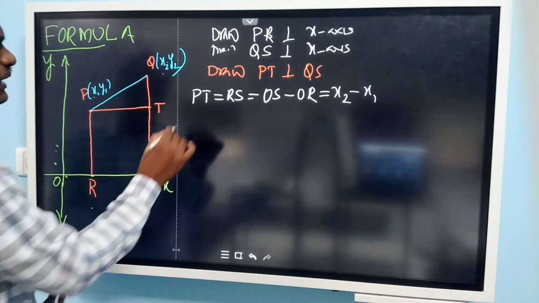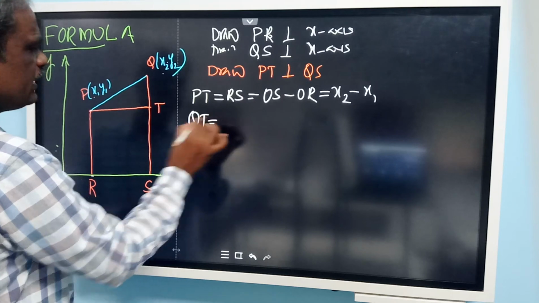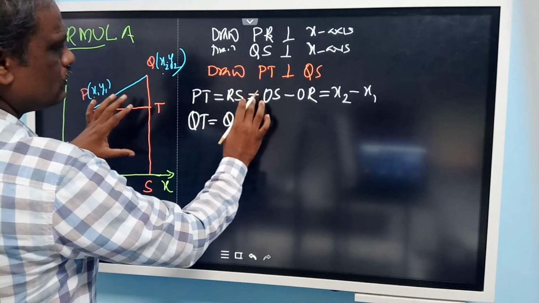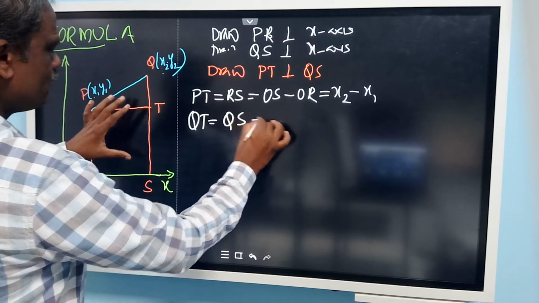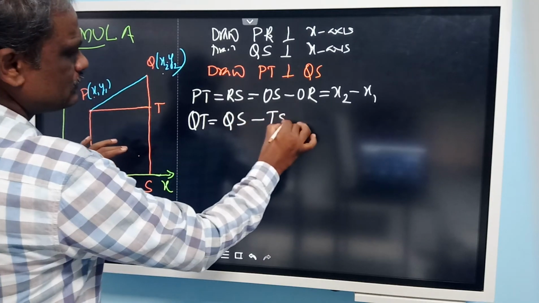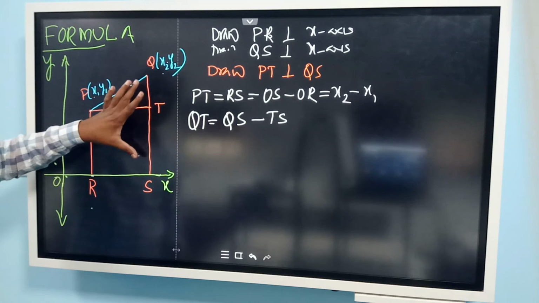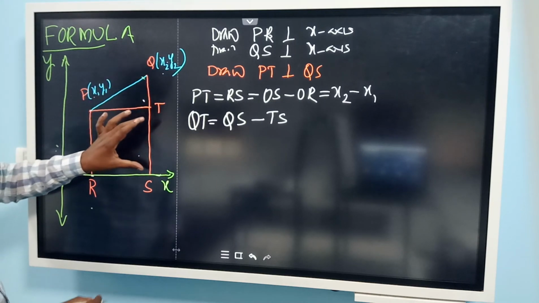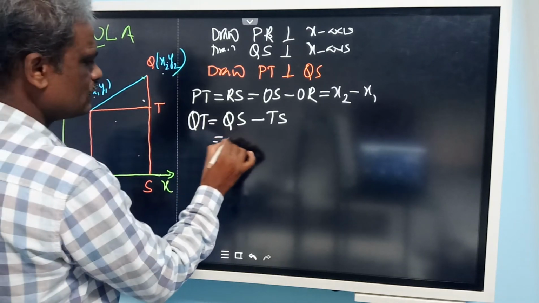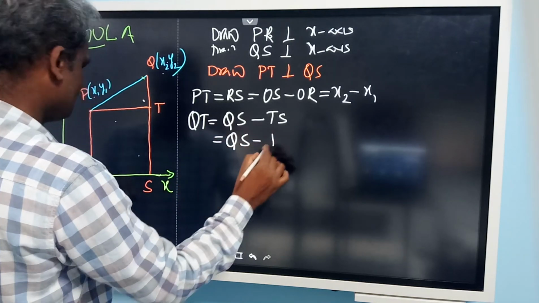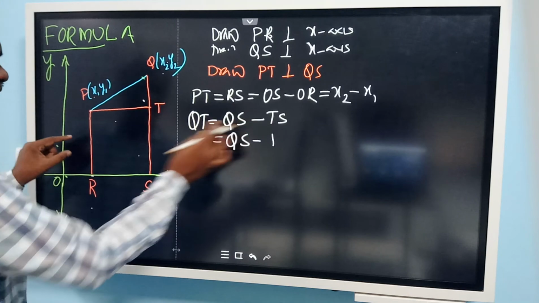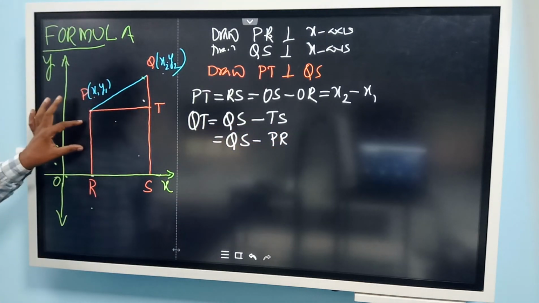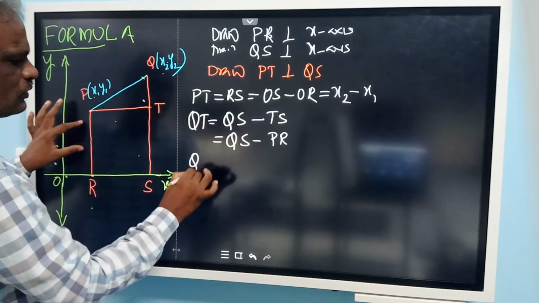Similarly, I want QT. QT can be written as QS minus TS. TS and PR are the same, so instead of TS I write PR. So QT will be equal to QS minus PR.